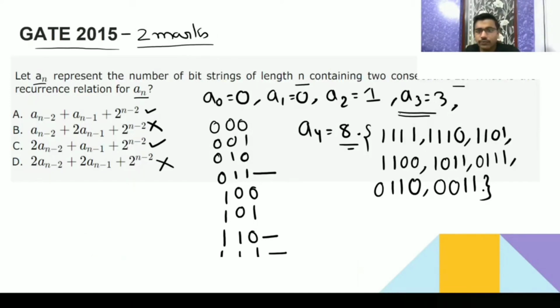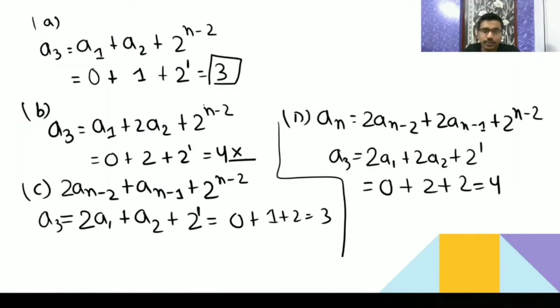So now for a4 we will check whether A or C is giving the correct one. Now we will go for a4.